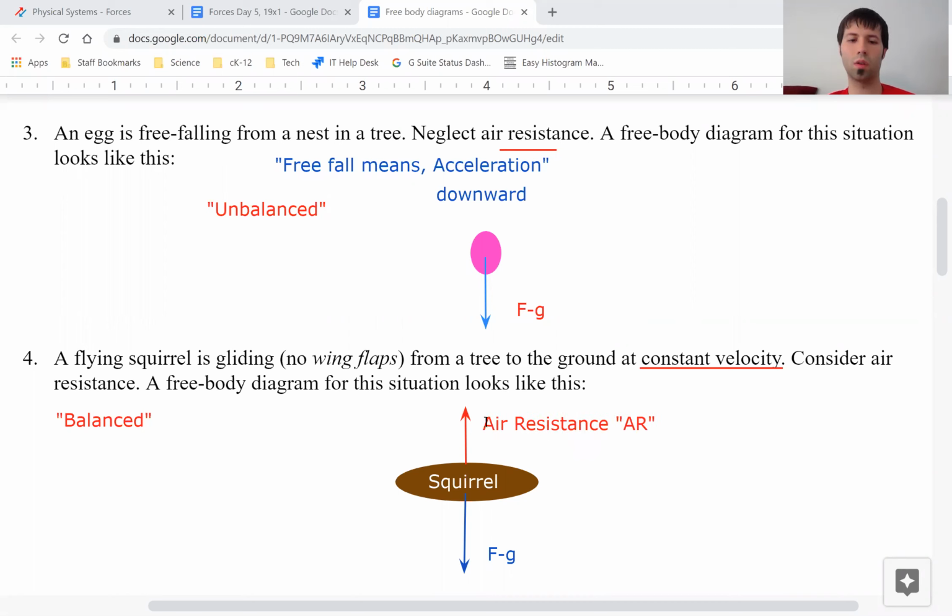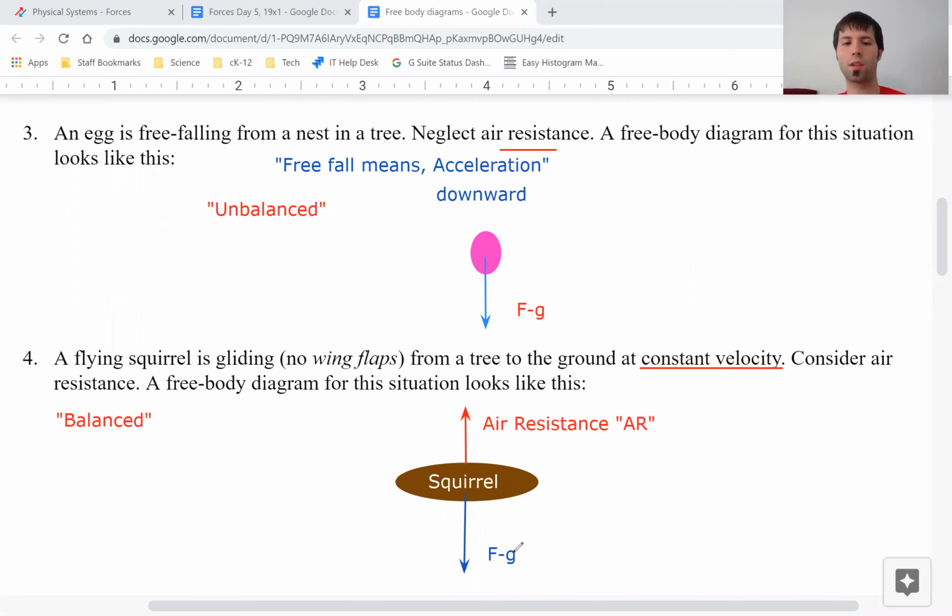In this case, the squirrel is falling down, and air resistance is going against that falling motion. So whenever something is falling, you always have some air trying to catch the squirrel or catch whatever surface that is. That's air resistance. It's pushing up on the squirrel's belly.